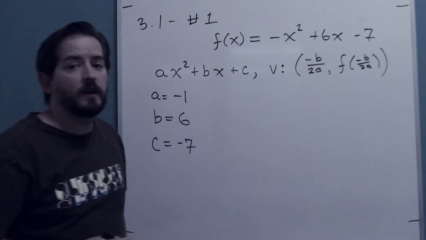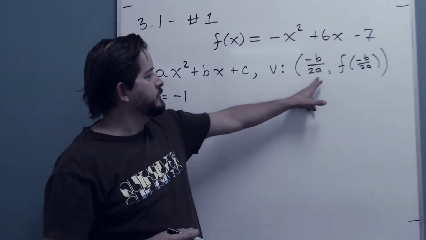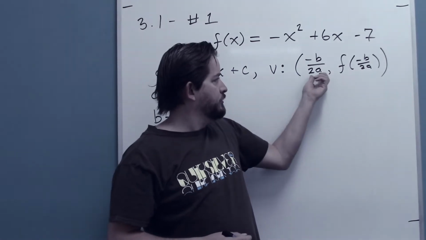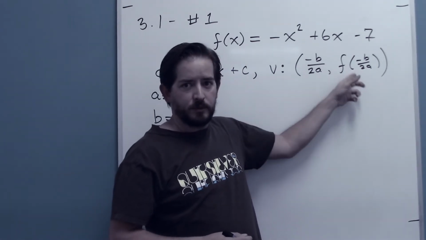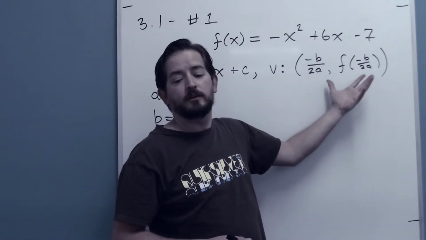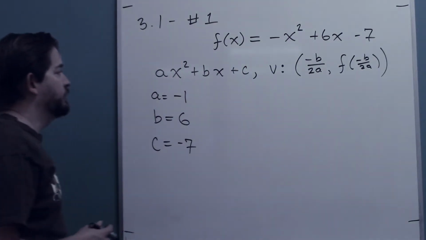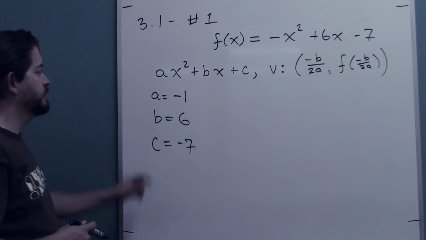This is one way of finding our vertex. The x value is simply negative b divided by 2a. And then whenever you get that value for x, you plug it into f, and that'll give you the y value of the vertex. So let's go through and do that here.